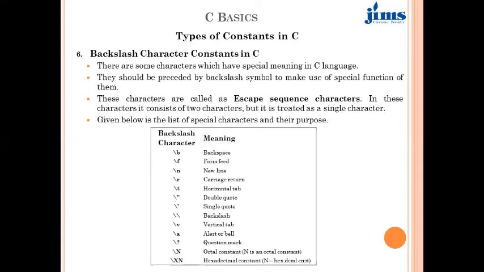The two characters are a backslash, and after that any character having a certain meaning, like backslash b, which means backspace. Backslash n means new line. If you want your output to be displayed in the next line, you must give backslash n.